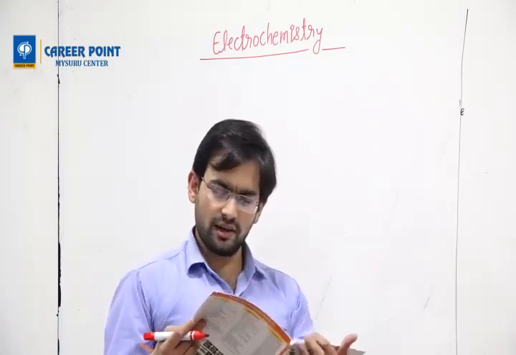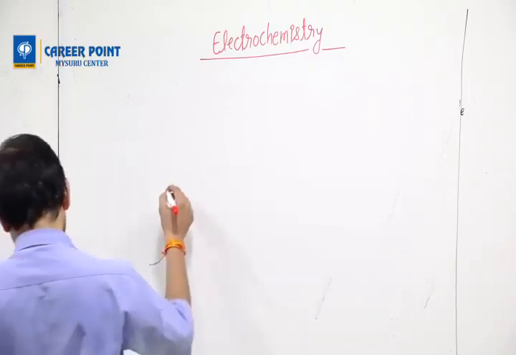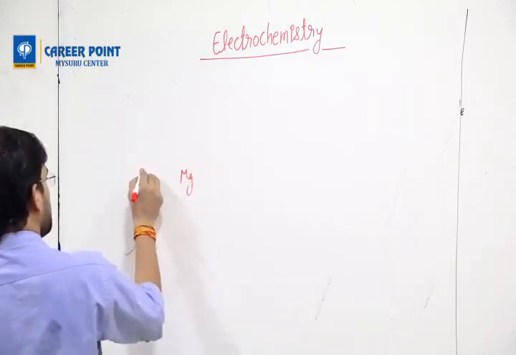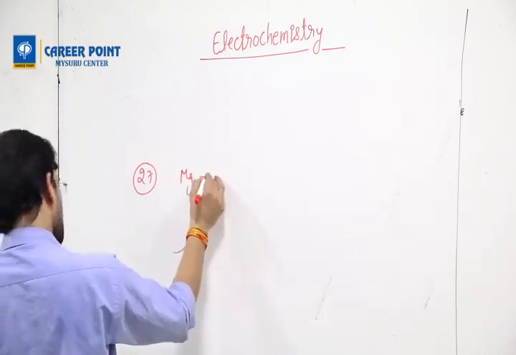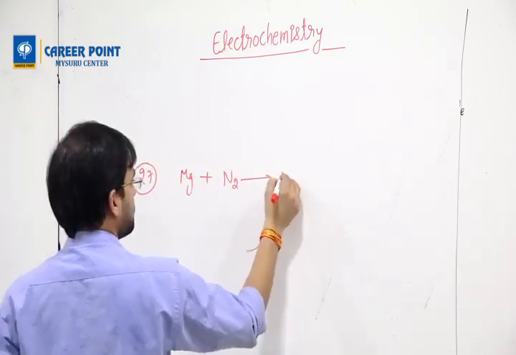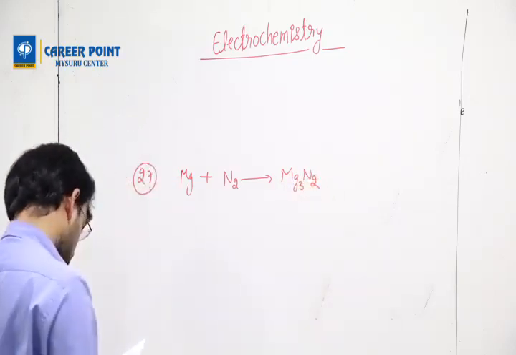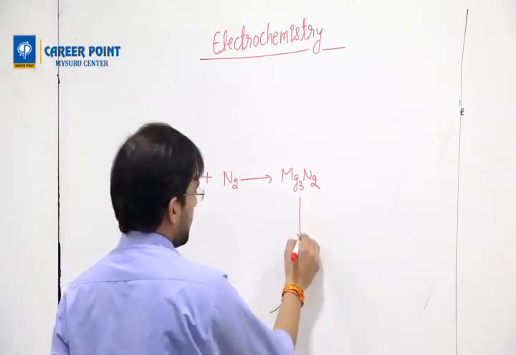Question number 27. A piece of magnesium ribbon was heated to redness in an atmosphere of nitrogen and cooling. Magnesium in an atmosphere of nitrogen forms Mg3N2. Okay. And on cooling, water was added, H2O.